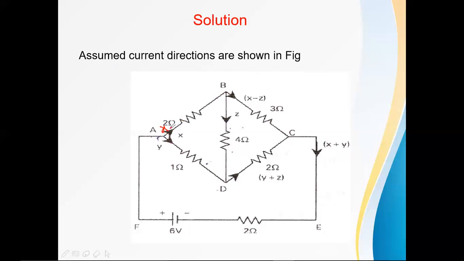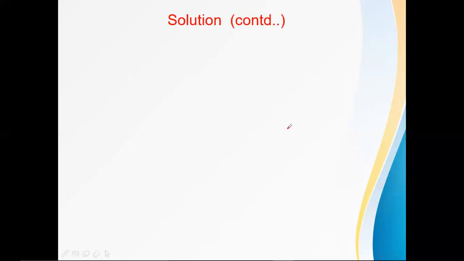This is X and this is Y. X is subdivided into Z, and the rest of the current is X minus Z. Then Z enters at D, and from here Y enters at D. The leaving current from D is the summation of Y plus Z. From here Y plus Z comes and from here X minus Z comes, which meet at C. Adding X minus Z and Y plus Z, the resulting current is X plus Y. So the entering current equals the leaving current, X plus Y equals X plus Y. Hence your assumptions are correct. Next we move to the next slide.